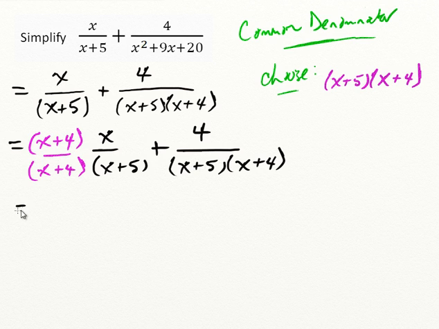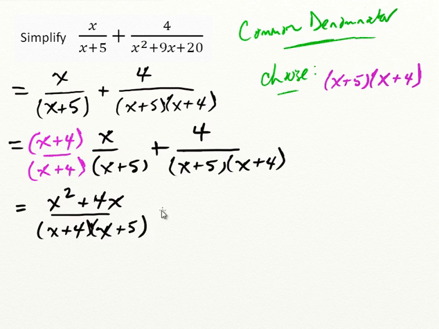I'm going to be careful with my multiplication up top here. I've got a binomial and a monomial. So the first fraction is going to give me an x squared plus 4x, all of that over x plus 4 and x plus 5.